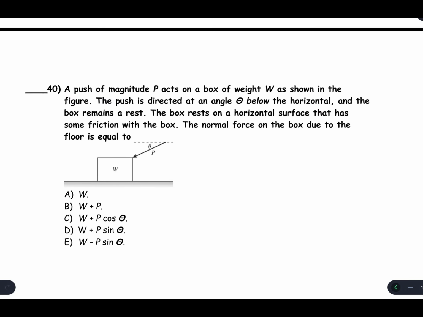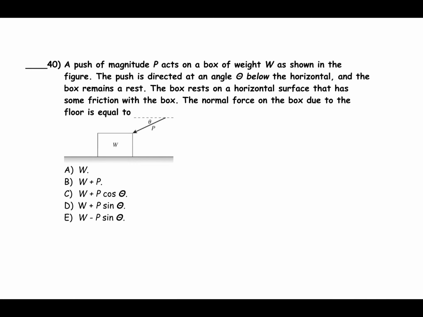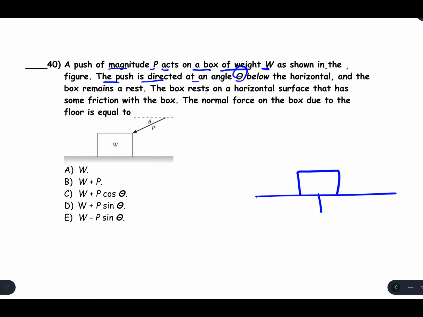Let's go to the next. A push of magnitude B acts on a box of weight W. As shown in the figure, the push is directed at an angle theta below horizontal. So this is the box with weight W, and this is the force.